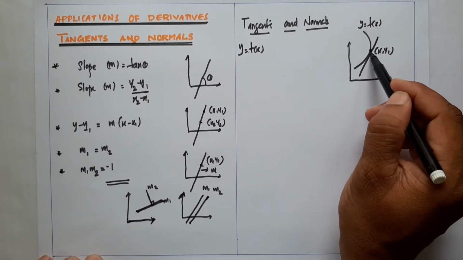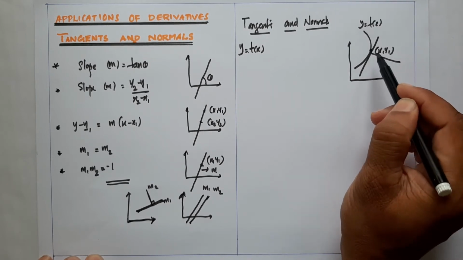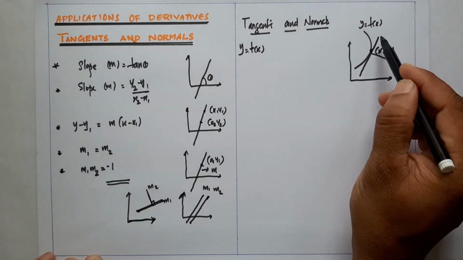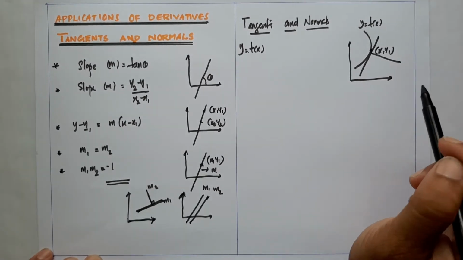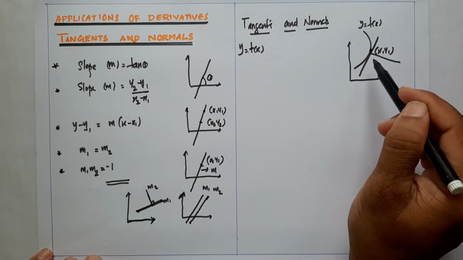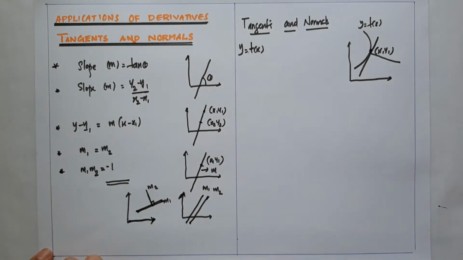A line which is perpendicular to this tangent line and passes through the same point x1 y1 is called a normal line. Here we want to find the equation of this tangent line and normal line using derivative.